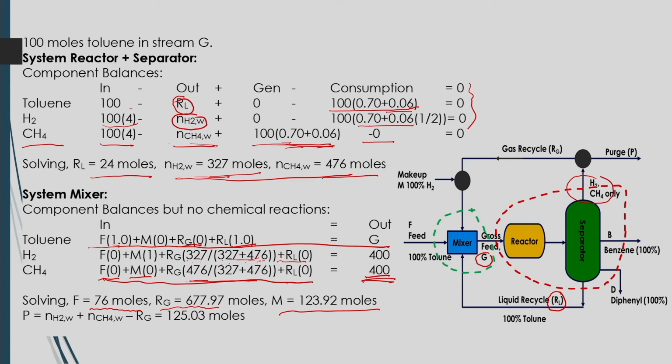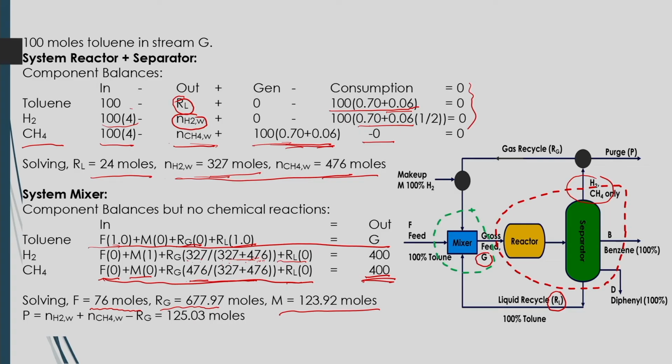In this case we can then find the makeup amount, the feed amount, and the total amount of G.